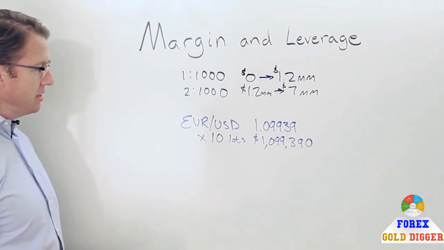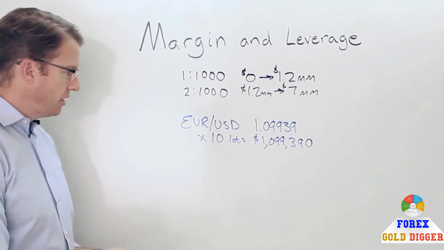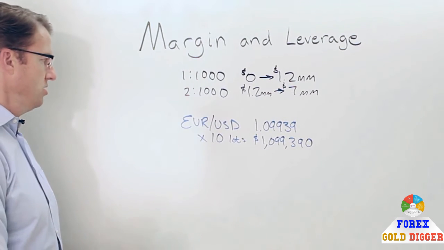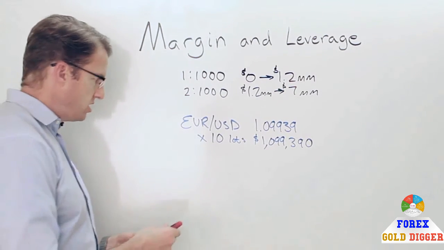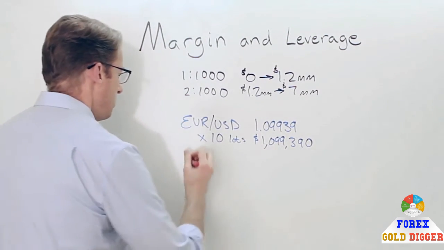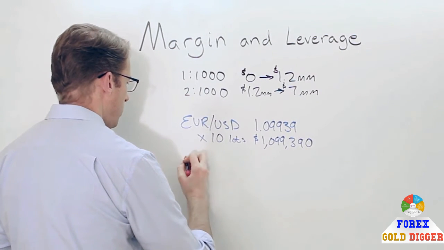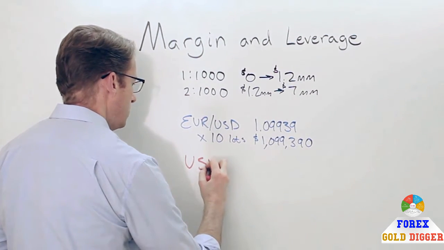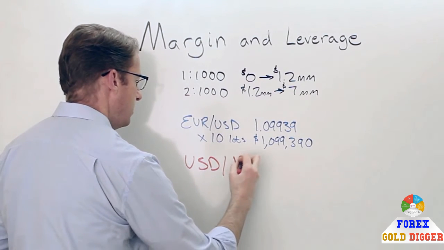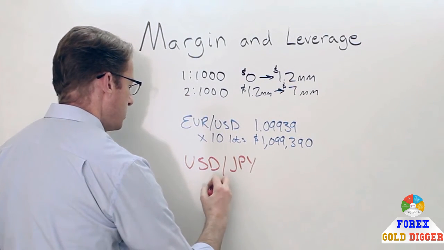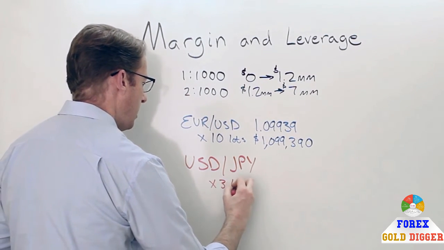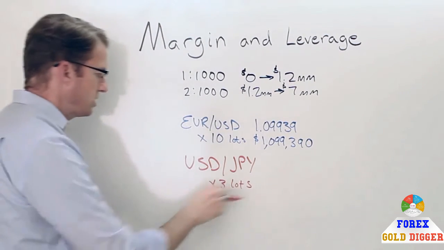All right, but let's make this a little bit more complicated and add a position here. So we'll say that our trader has decided to enlarge her position by simultaneously going short the dollar-yen pair, and she's going to open up 3 lots of that one, so 3 full-size lots.